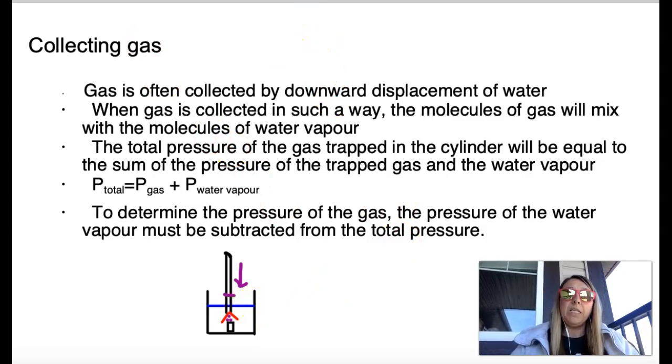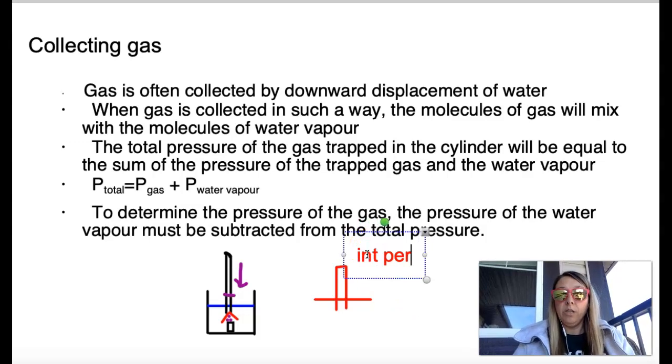So if this is the water line inside of the container, I would want that to line up with the water line inside of my tube. When all of this lines up, that allows us to say that the internal pressure is equal to the external pressure.